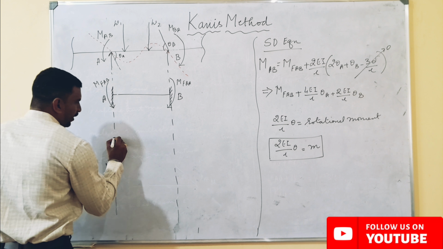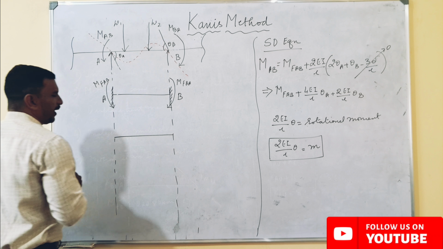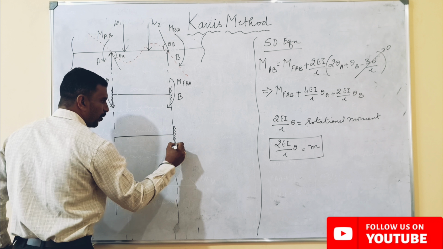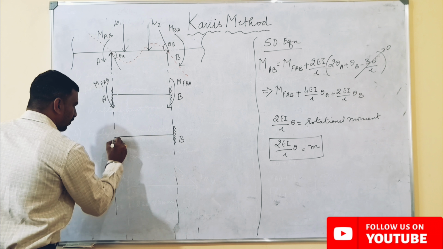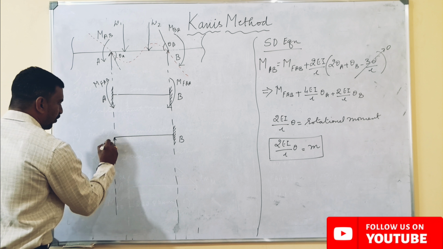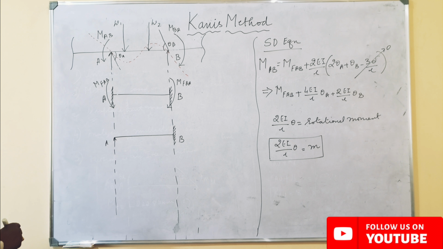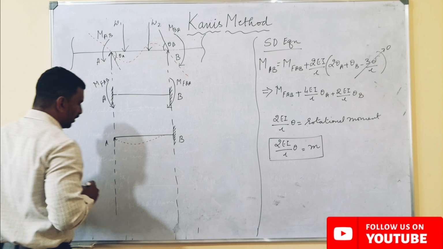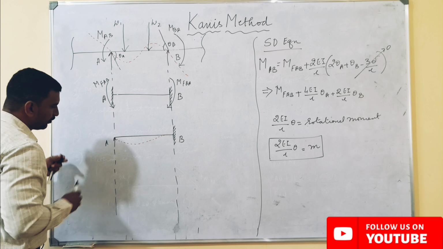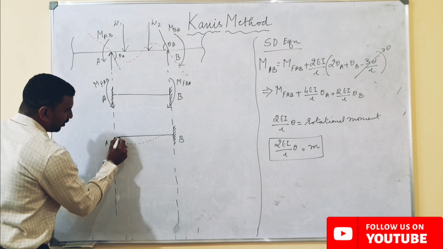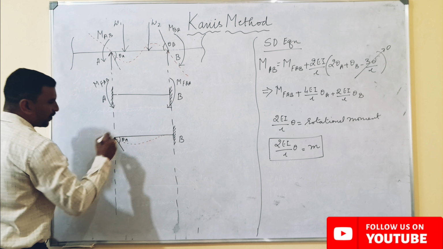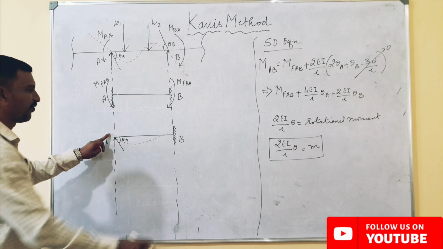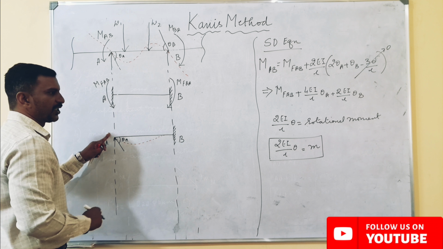Similarly, we will have a fixed moment about point B to A. This is the first case. In the second case, the rotation is allowed only about point A. So the beam undergoes a deformation in this way. Here we have theta A. Since the rotation is allowed only about point A, the far end about point B is fixed.